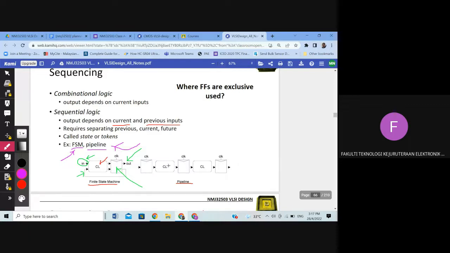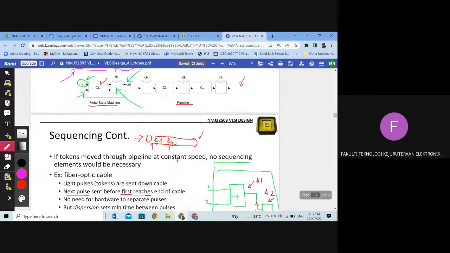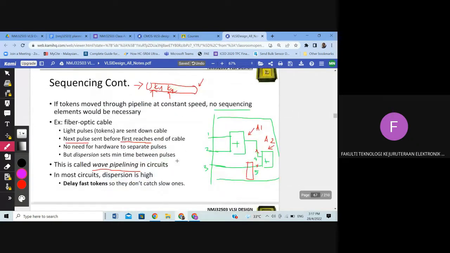We have different blocks of combinational logic circuit, and then we have flip-flops in between to make sure that the data arrives at the end correct. So the details you can explore in the textbook. Very important, the two examples, FSM and also the pipeline.